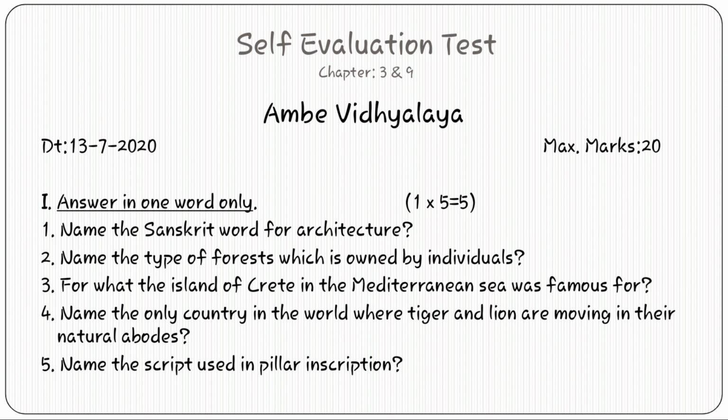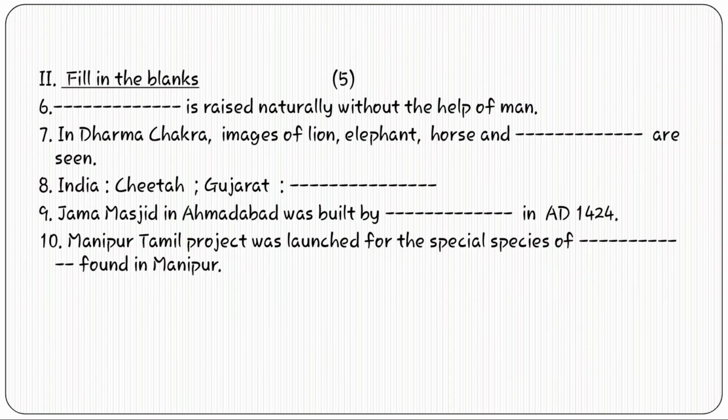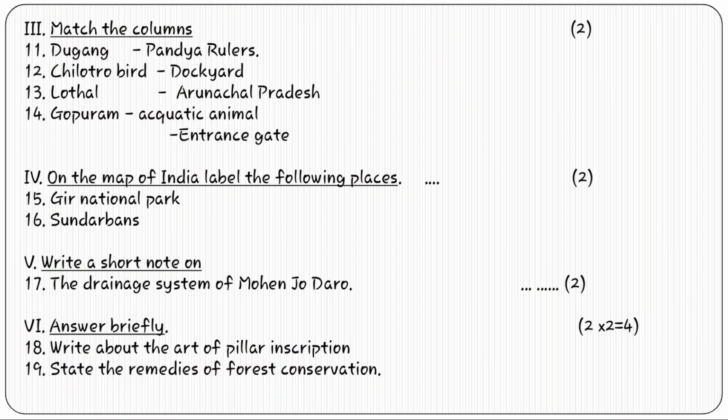All the questions: section 1, answer in one word; second section, fill in the blanks and match the column. On the map of India, label the following places. While labeling this, I want you to paste one map of India in the notebook and mark two places: one is Gir National Park and another one is Sundarban.